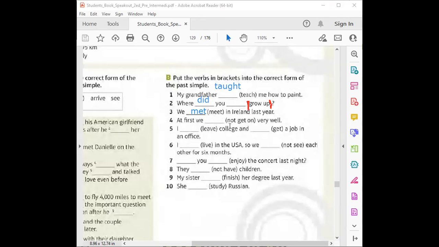At first we didn't get on very well. We didn't, so we just write did and we delete the brackets. We didn't get on well, or we didn't get on very well. All right. Number 4, who was answering, Layla or Sarah? Layla.